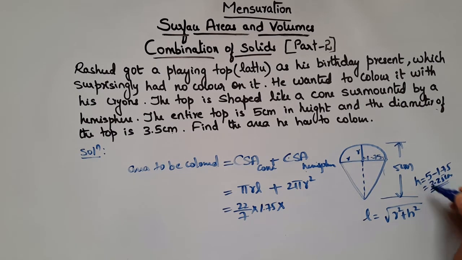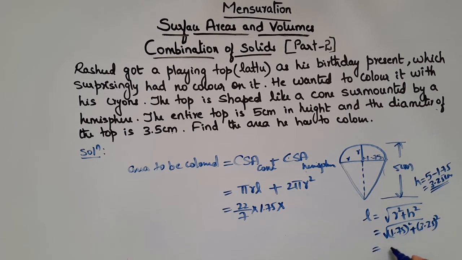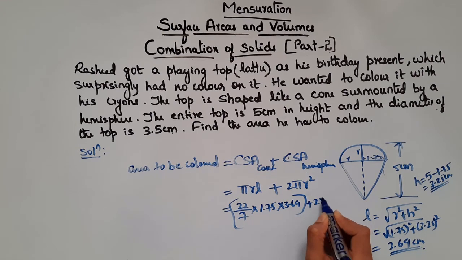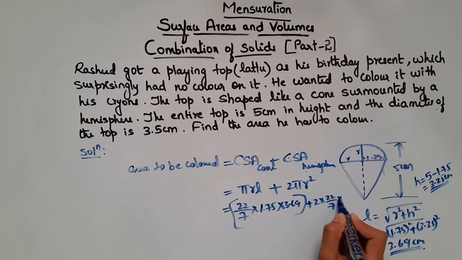So let's put this H value here. So this is nothing but square root of 1.75 square plus 3.25 whole square, which, when you simplify, will give you 3.69 centimeter. So your L is 3.69, plus 2 into pi, which is 22/7, into R square.